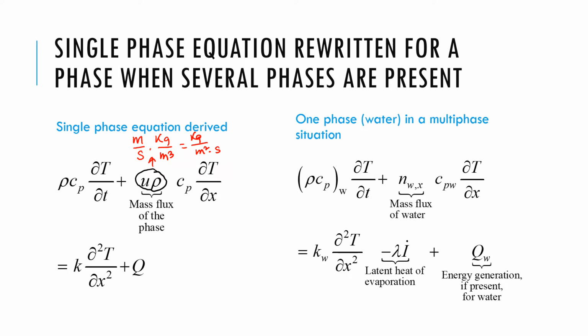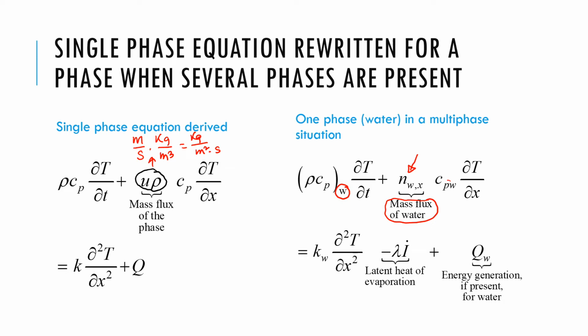So now I am rewriting that same equation on the left. So rho Cp is that of water, and here for the mass flux of the phase, we now have the mass flux of just water, and I'm calling that N_Wx because the mass flux of water can be due to multiple mechanisms.